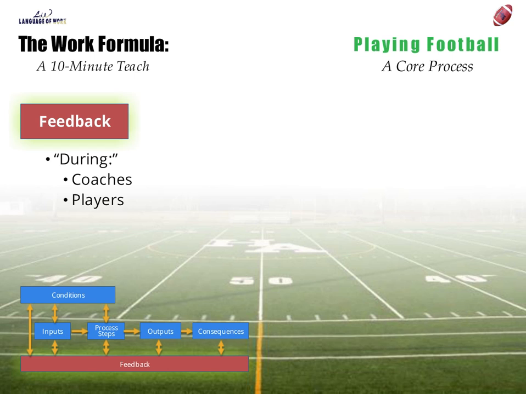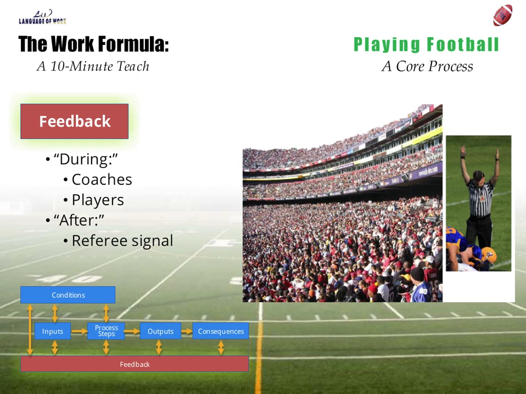The other kind of feedback we call after feedback. For example, you know you've scored a touchdown when the referee signals so by raising his arms above his head. Thus, there is feedback both during and after work. In business, feedback sources include management, customers, reports, auditors, and so forth.